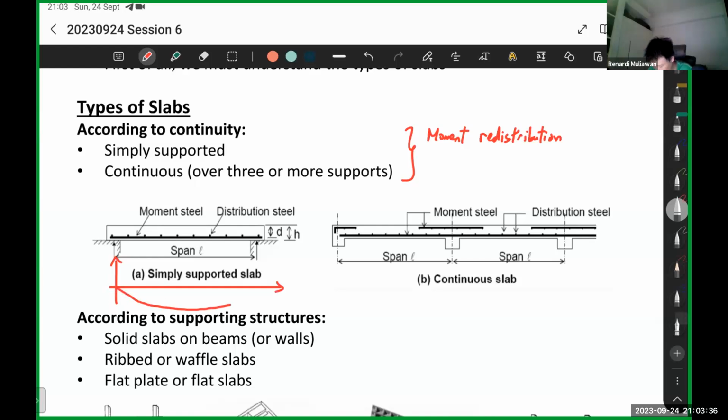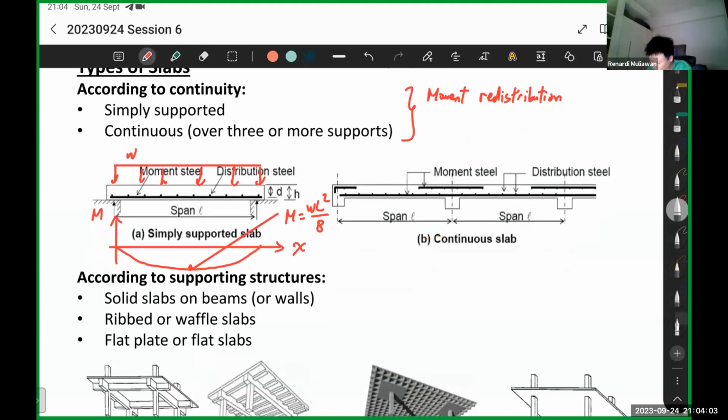Just go down and then like this. That's the simply supported slab. And then the maximum moment, just in case you haven't known, if it's uniformly loaded, let's say this one is W, then the maximum moment is WL squared divided by 8. So that's for simply supported.